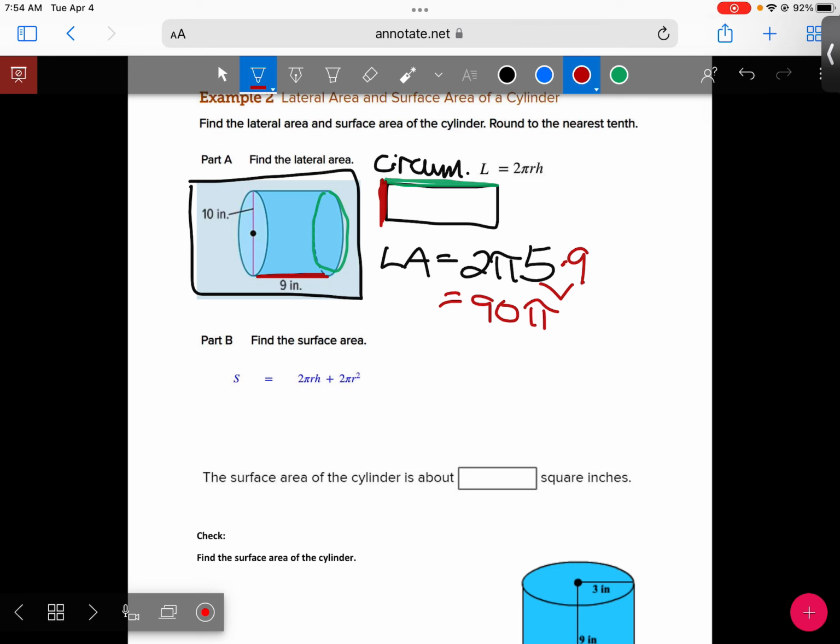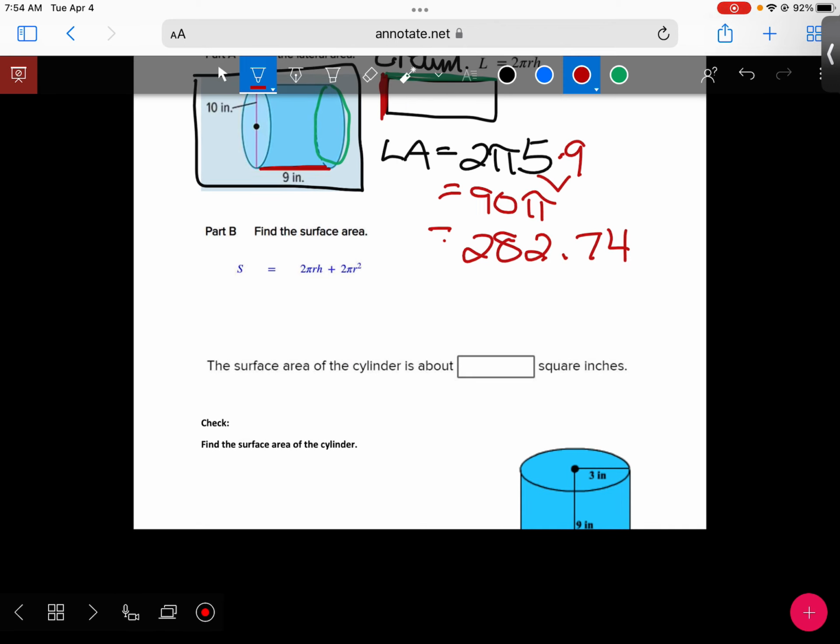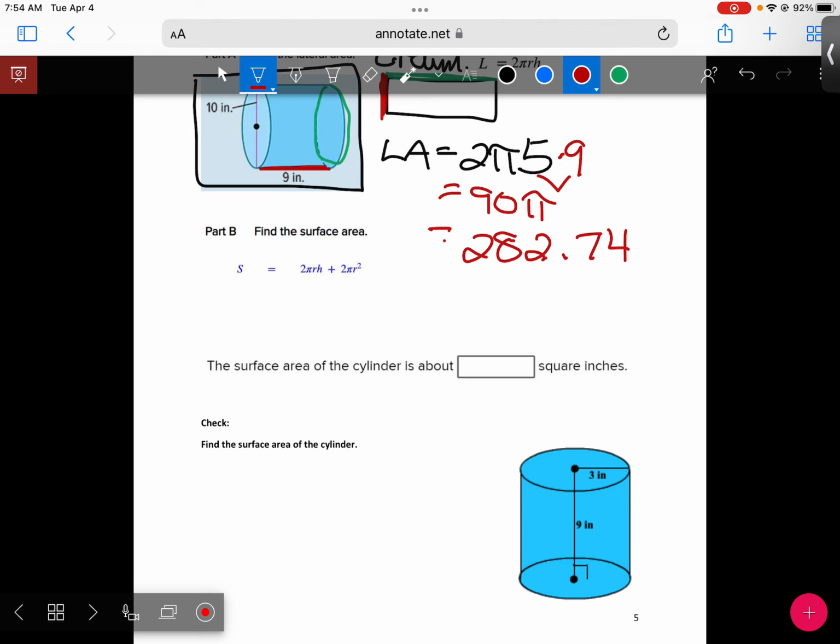What is it? Did anybody get it? Yes, 282.74. And that is inches squared. So I would round it to 282.7.